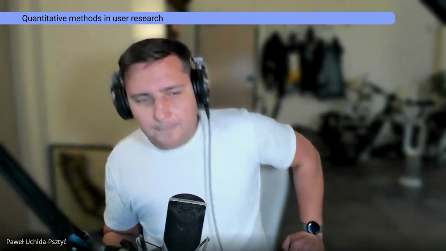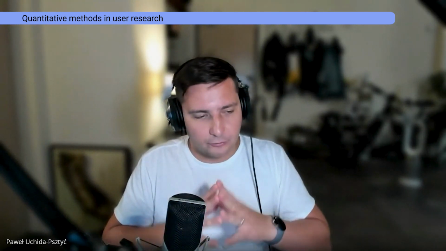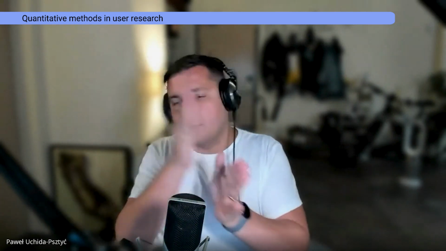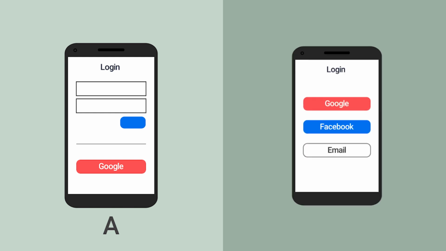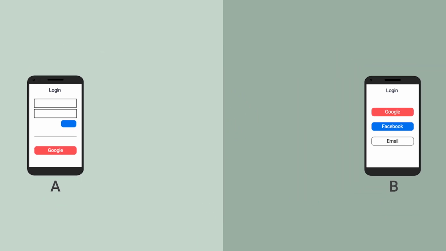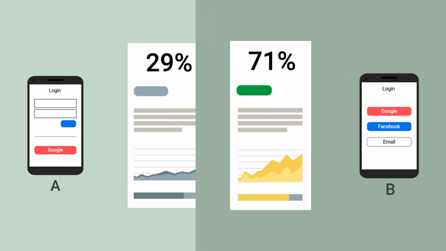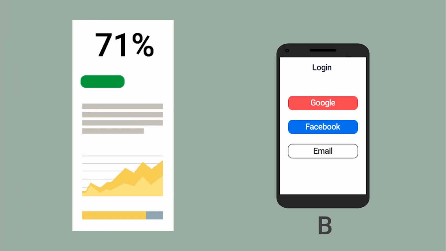So let's say you have an application and you are trying to design a login form for your application. At some point you have a login form, and the user can go to the next step only after they log in. So you may come up with a number of different approaches to how to design a login form, so it's easier for the user to log into your application, but you don't know which one is going to be the best one.